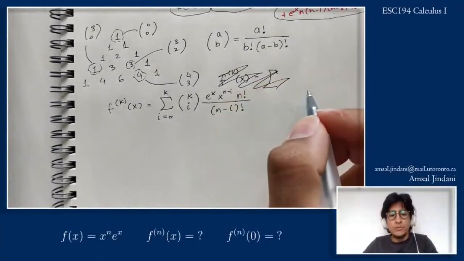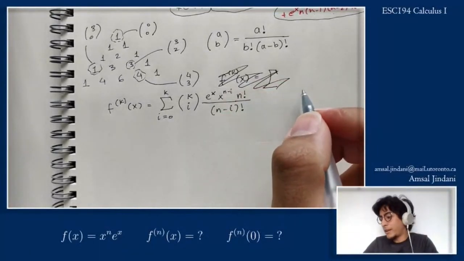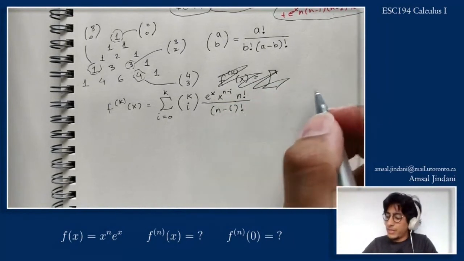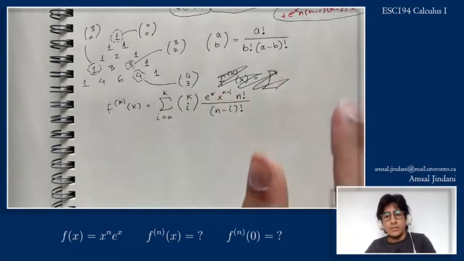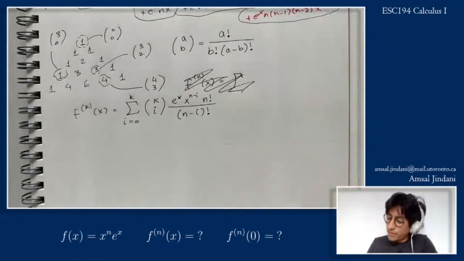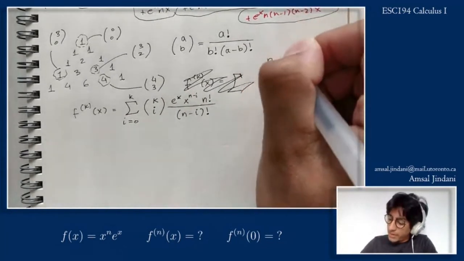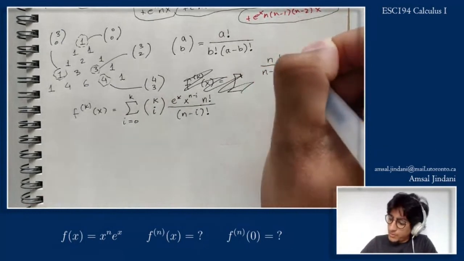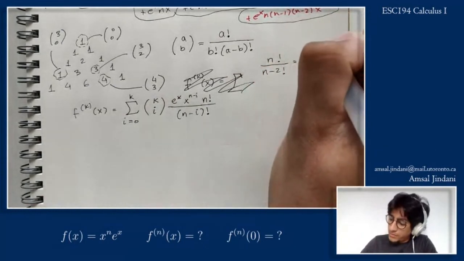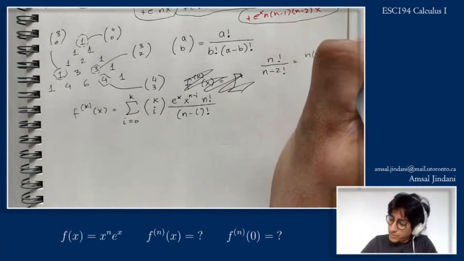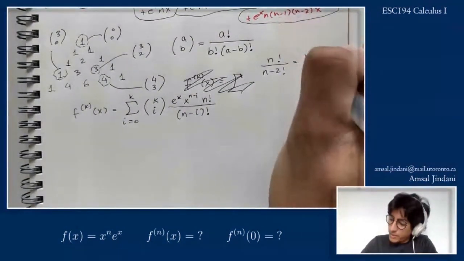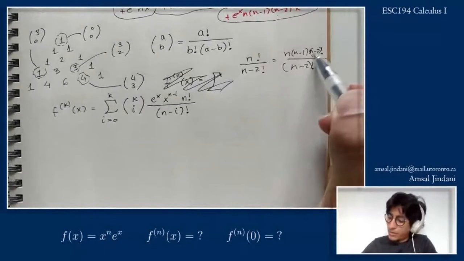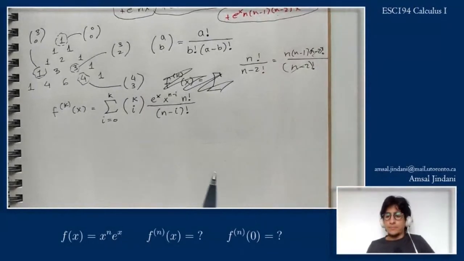When you expand out n factorial, you eventually reach n minus i, and the bottom terms cancel out the rest of the section. For example, n factorial divided by n minus 2 factorial: you can write this out as n times n minus 1 times n minus 2 factorial divided by n minus 2 factorial, and then the n minus 2 factorial terms cancel out.